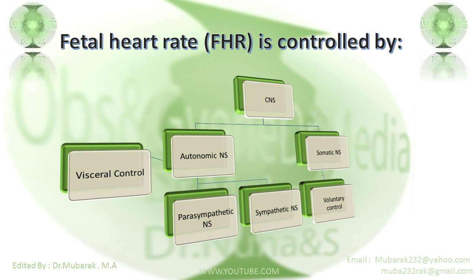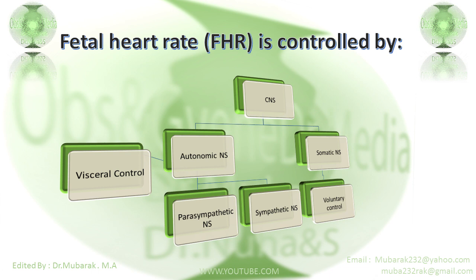The agreement reached following this interaction is indicated by the baseline fetal heart rate. In addition, the constant fluctuation between sympathetic and parasympathetic nervous system creates the bandwidth of this baseline, which is observed on the CTG trace as the baseline variability.